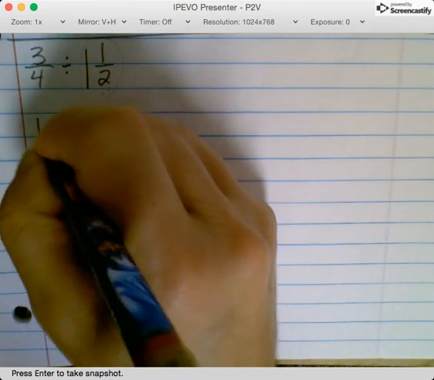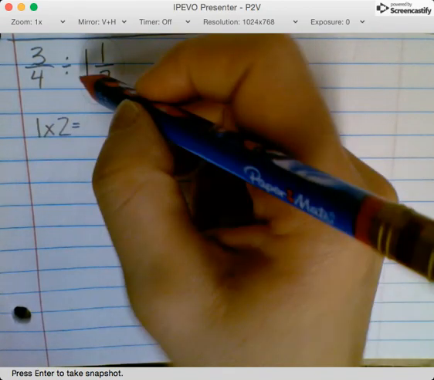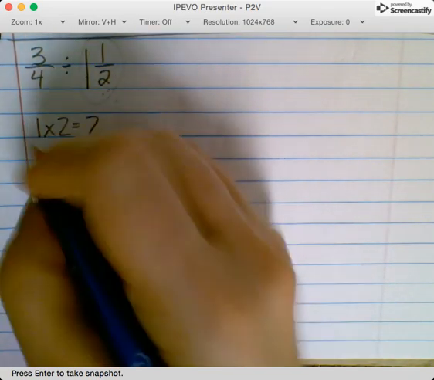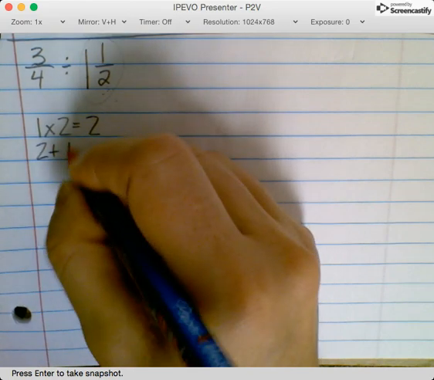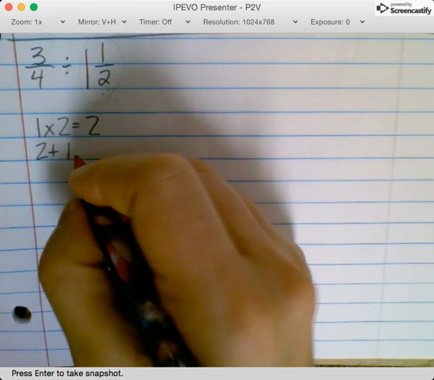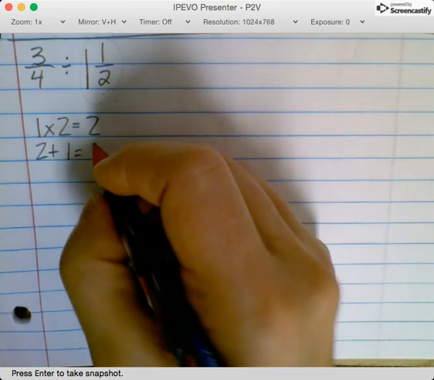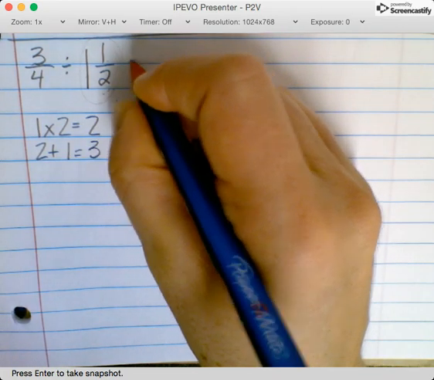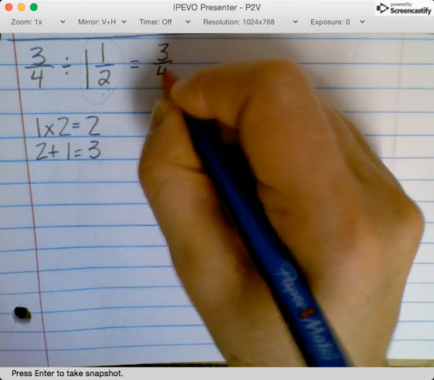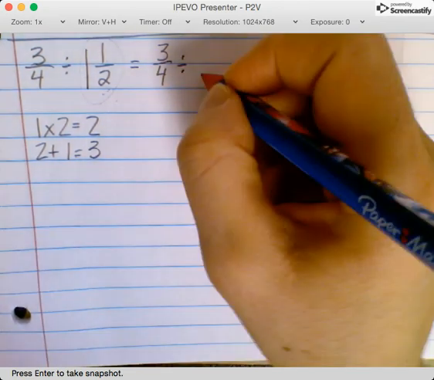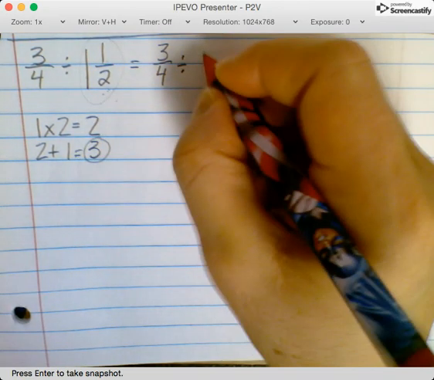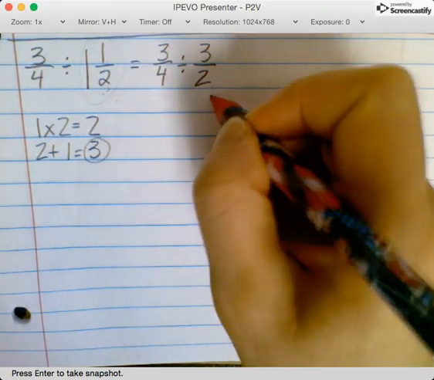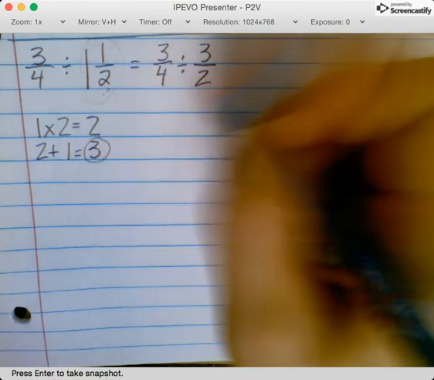And if you recall, to do so, I would take the whole number times the denominator, which is 1 times 2 is 2, and then I add the numerator to the answer, or the top number. So 2 plus 1 is 3. So that gives me, instead of 3/4 divided by 1 1/2, 3/4 divided by 3/2 because the denominator stays the same and I found a new numerator.